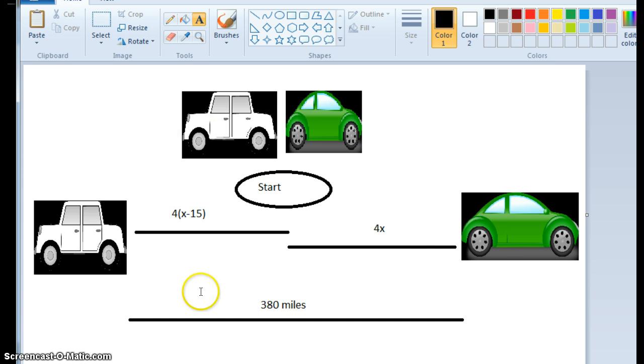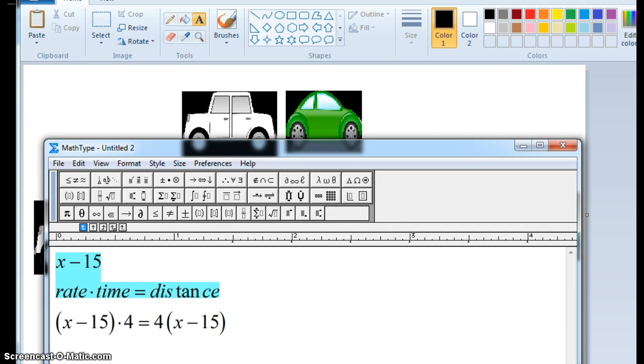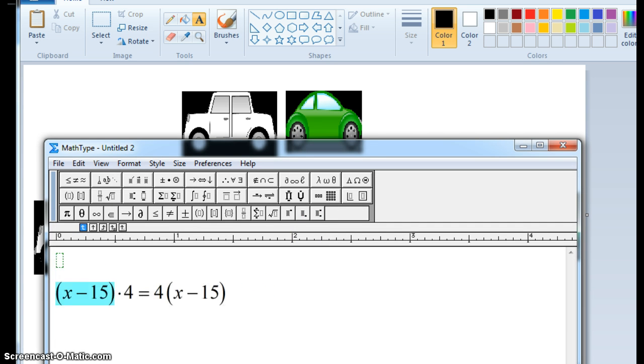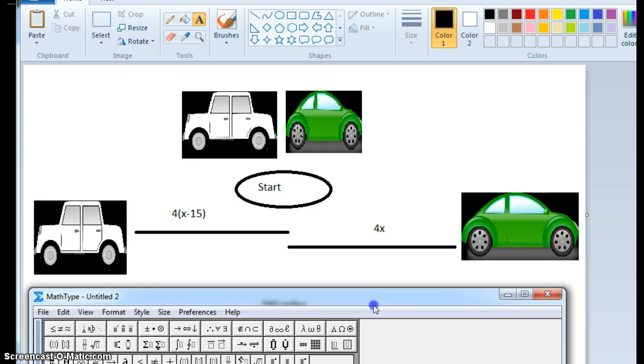So now we have all our information, and we said the distance of car B plus the distance of car A should equal 380 miles. So we can make an equation: this plus this equals this, and then we just solve it like a normal algebra problem. We already have the distance of car B, rate times time, plus the rate times time of car A, which we said here is 4x.